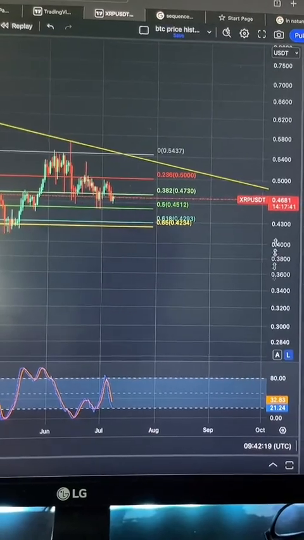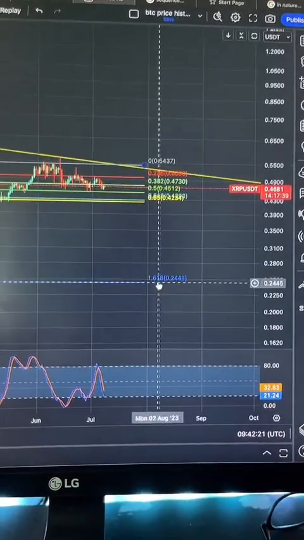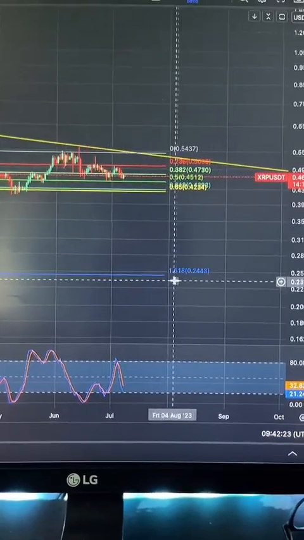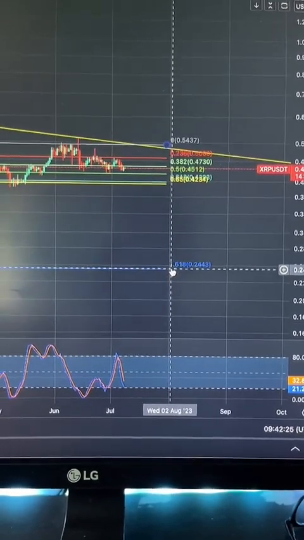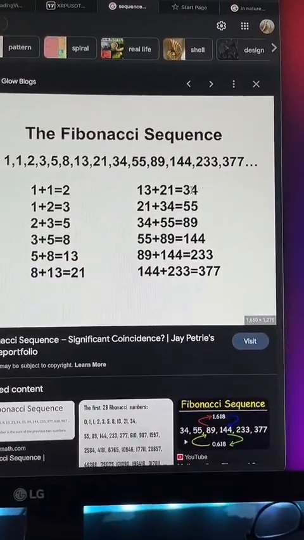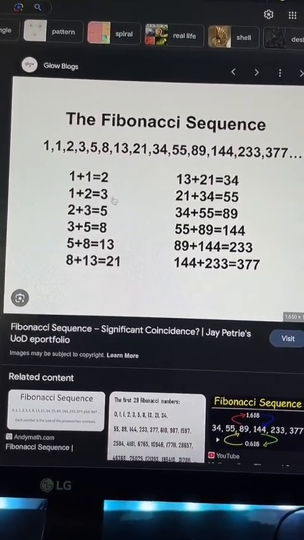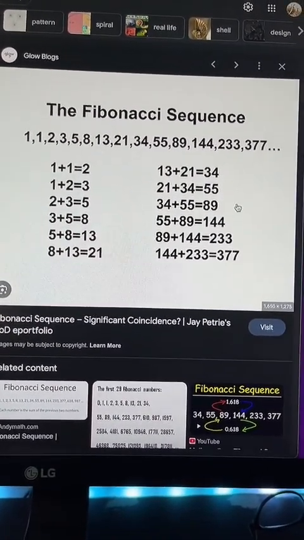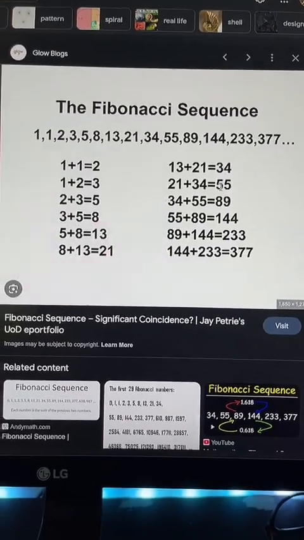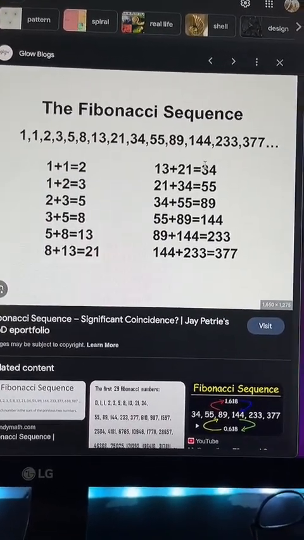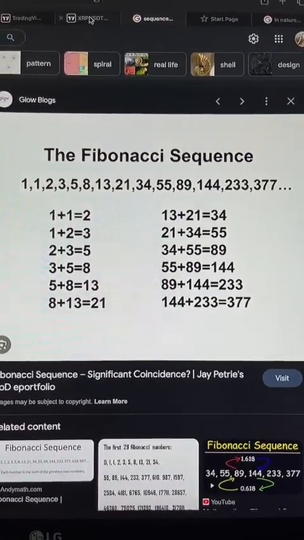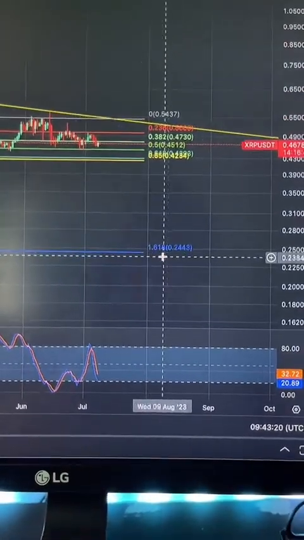Now you might be like, okay, how does this one come about? Because you remember I always use this one as well. This one is very important. Now you remember that we were dividing 34 by 55, 21 by 55, 13 by 55, yes? What if you divide 55 by 34? That will give you the 1.618.